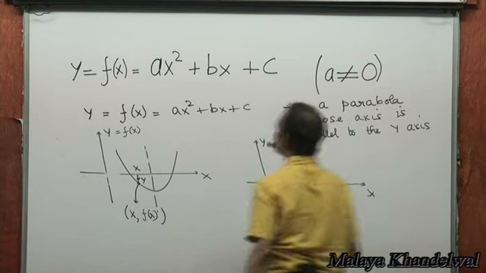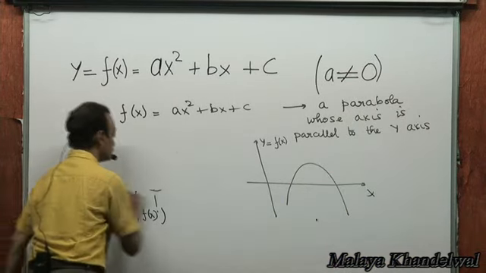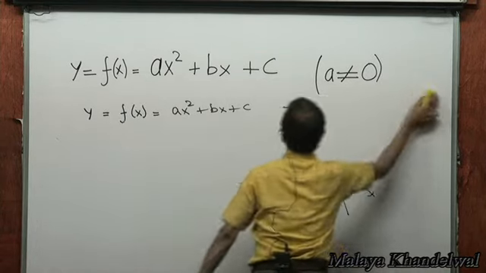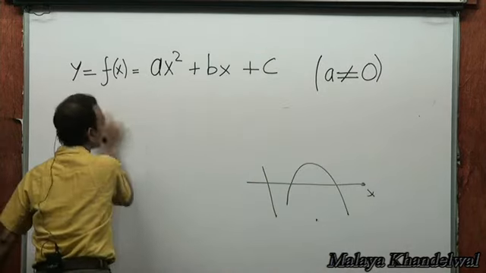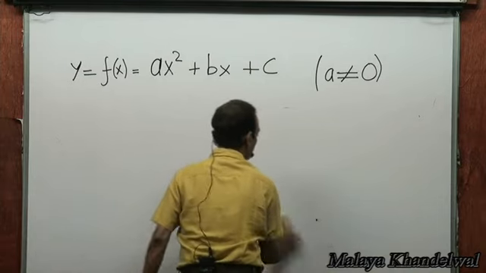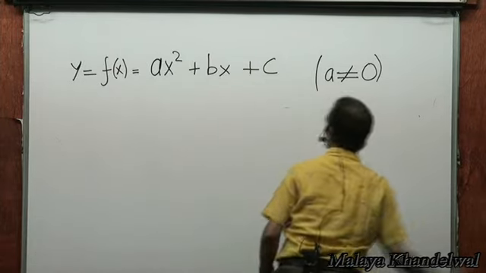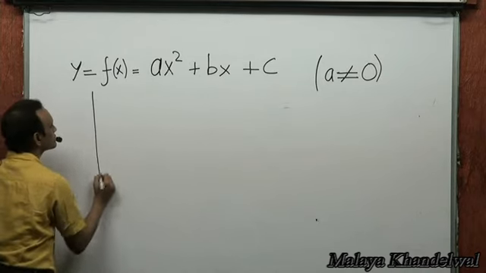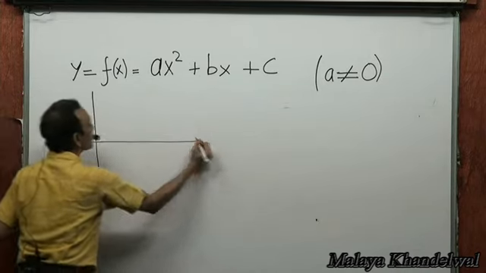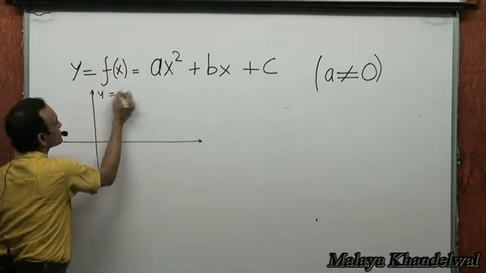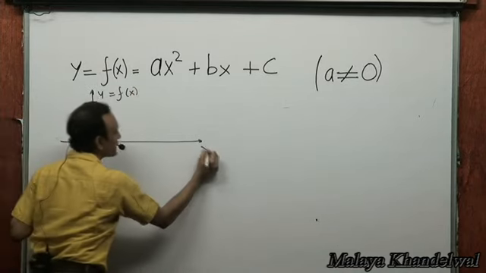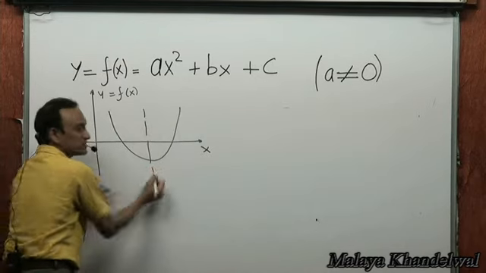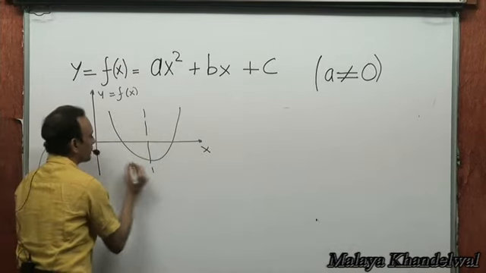Now, like I told you, there are two cases. When I plot y as a function of x versus x, I could have a parabola which opens this way, and it's called an upward opening parabola.